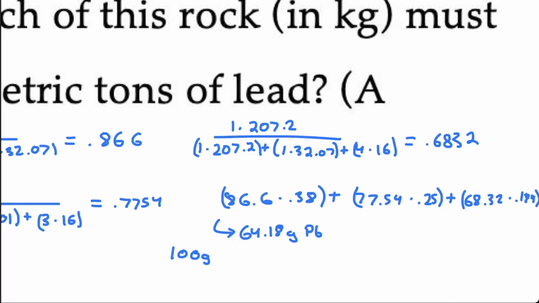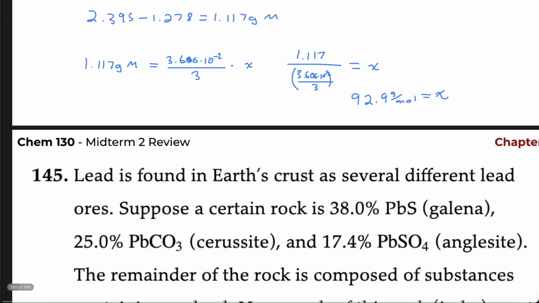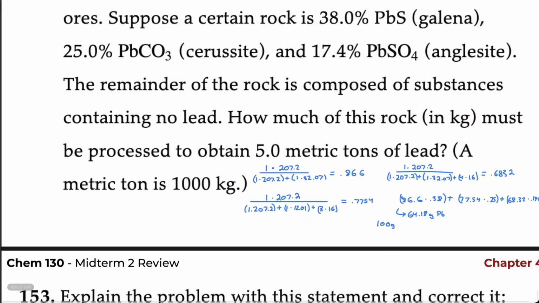So anyways, now that we know that percentage, we've got to use a bit of dimensional analysis to get to our final answer. So I'm gonna go right over here since I literally gave myself no space for this question. Let's do 5.0 metric tons.